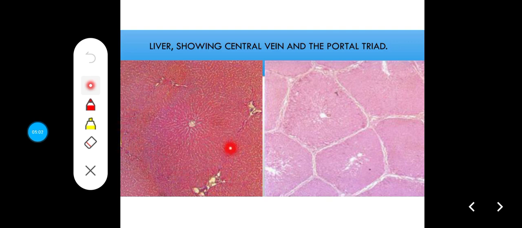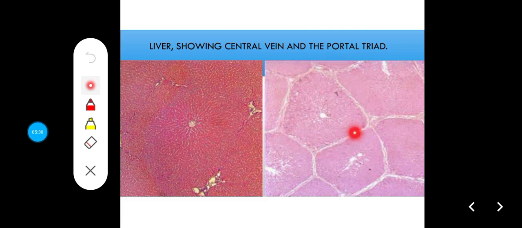hexagonal outline, though it's not really very clear here. But then you can appreciate the central vein. See that? And then you can appreciate irregular cords of cells radiating away from the center with the presence of fenestrated sinusoids. Then look at the edges. You can appreciate the portal triad, though it's not really distinct here. Then this one too. Now, in this image, you can also appreciate the hexagonal outline.